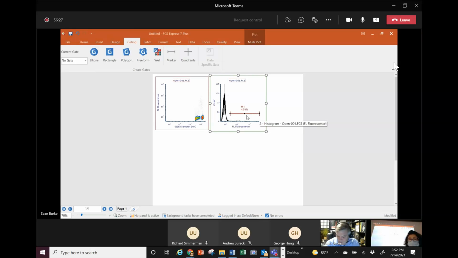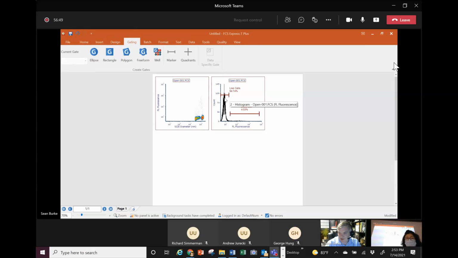And here, if you remember correctly, things that get propidium iodide staining are going to be dead cells, right? So I'm going to label those dead cells. And things that do not incorporate propidium iodide, I'm going to call these live cells. So for this one particular tube, I know I have 94% of my cells are alive and 4.5% are dead, right?